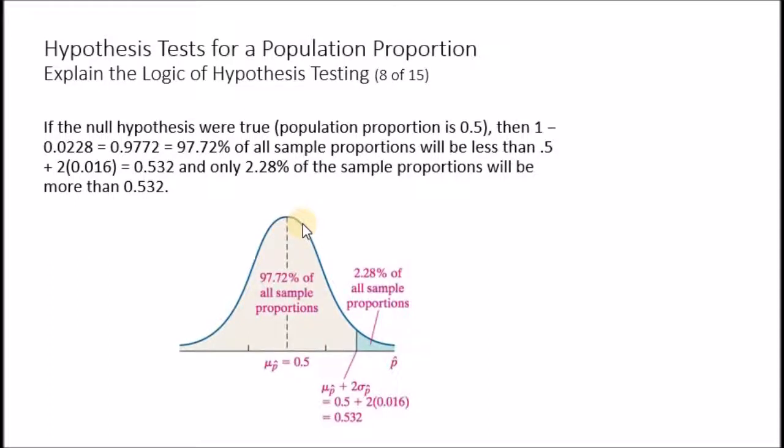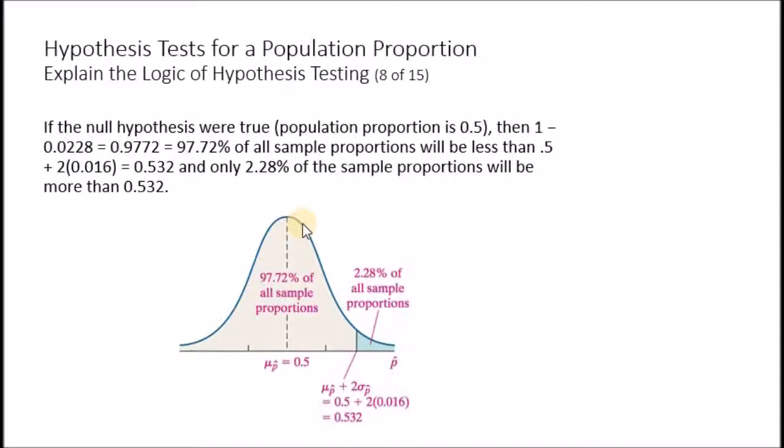If the null hypothesis were true, and the population proportion is 0.5, then 97.72% of all sample proportions will be less than 50% plus 2 times the standard deviation, which is 0.532, and only 2.28% of the sample proportions will be more than 0.532.